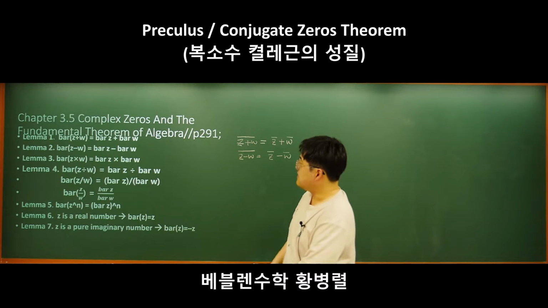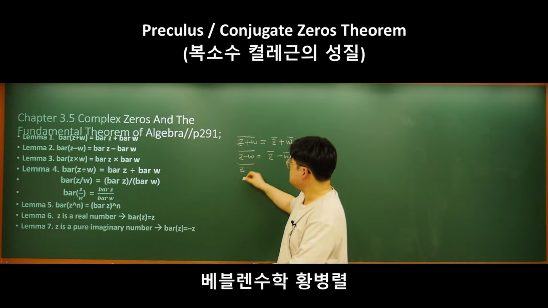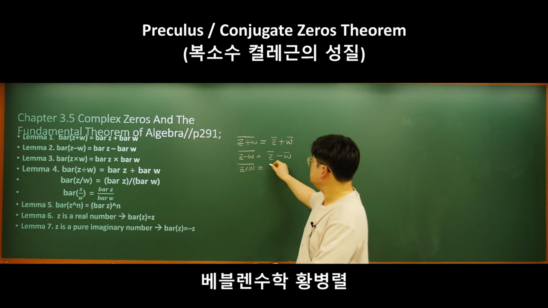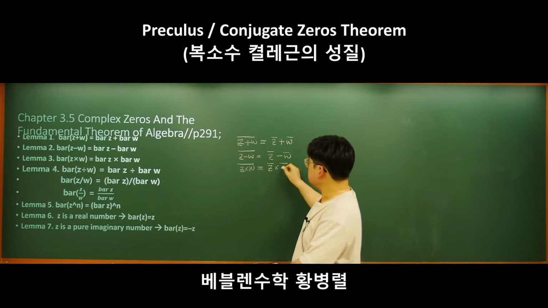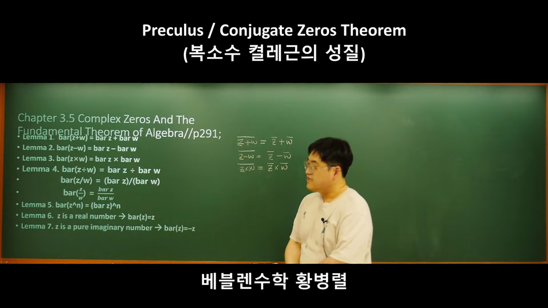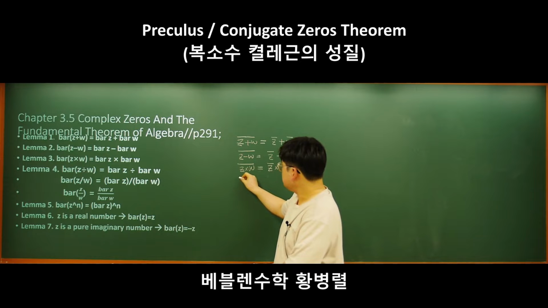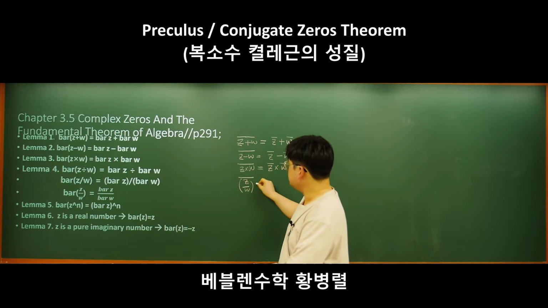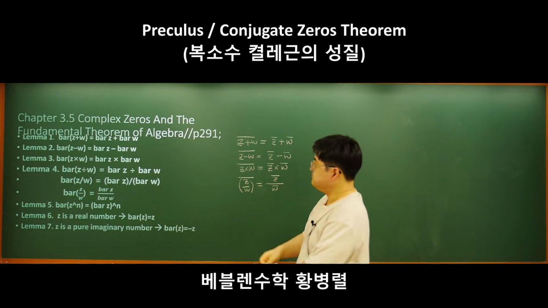And the third lemma is the conjugate of z times w is equivalent to bar of z times bar of w. And lemma 4, bar of z over w is equivalent to bar of z over bar of w.